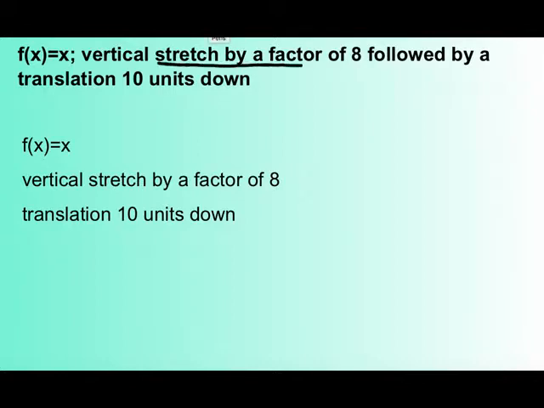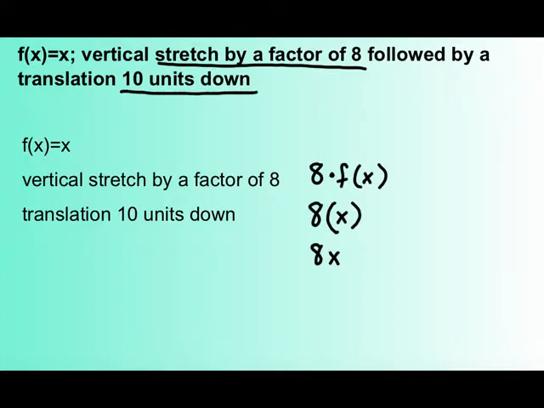the stretching by a factor of 8. If you remember, to stretch by a factor of 8, the notation for that is 8 times your function. So we're going to take 8 times my x, which is 8x. Now after we've done that, it says we're going to translate it 10 units down.